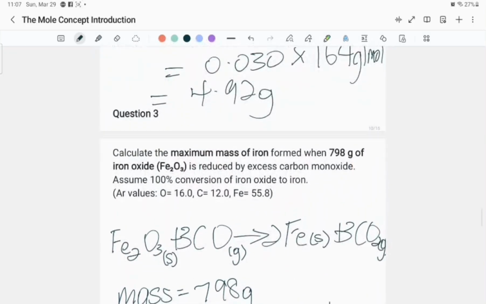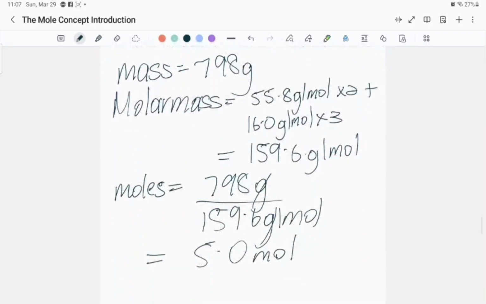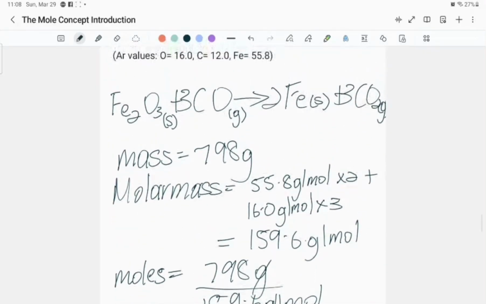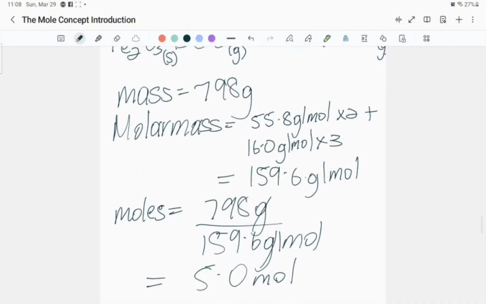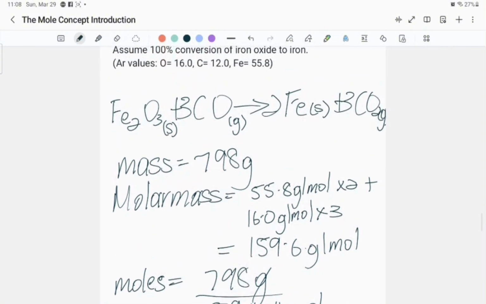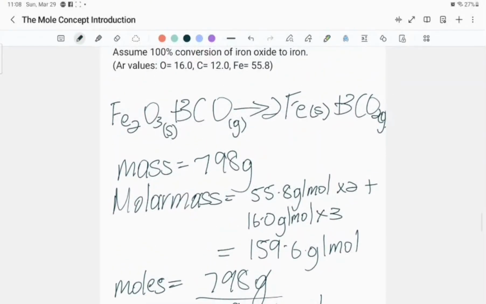But what they're asking for is the maximum mass of iron, right? So from this data, we know we could then use the balanced chemical equation to find how many moles of iron formed. 1 mole of iron oxide forms 2 moles of iron.